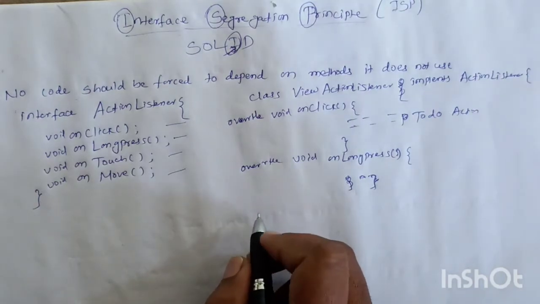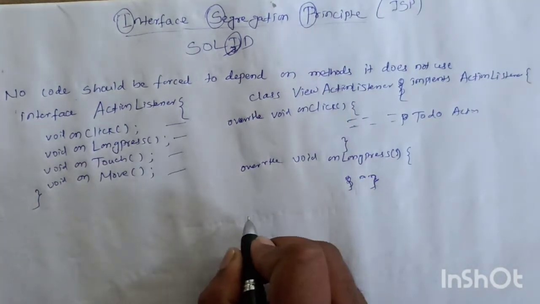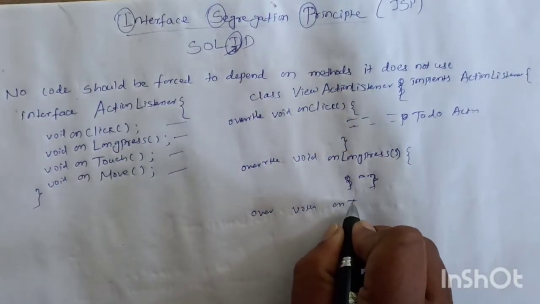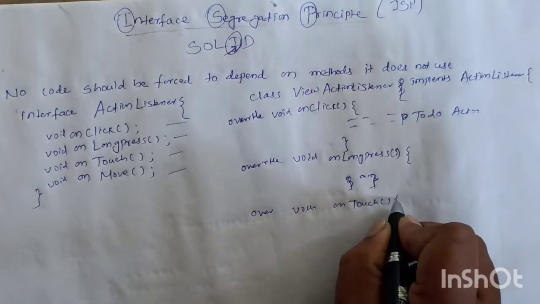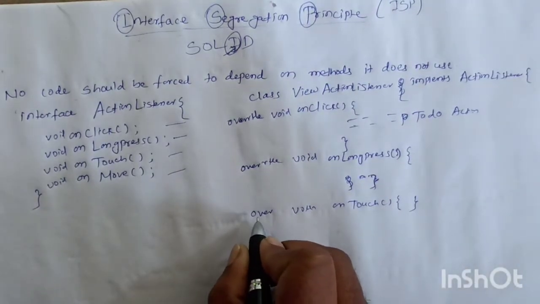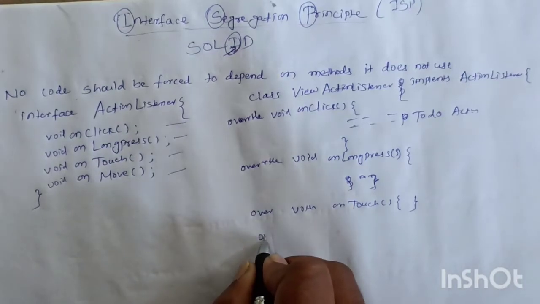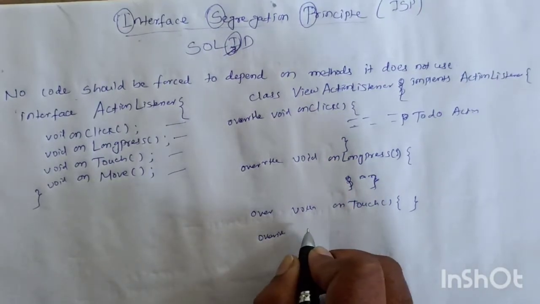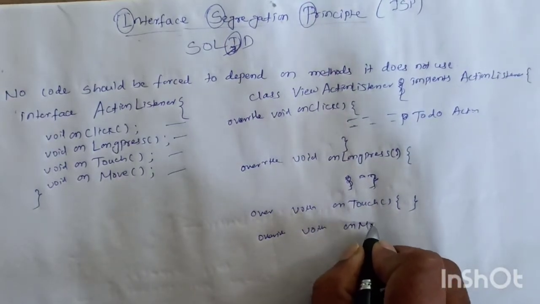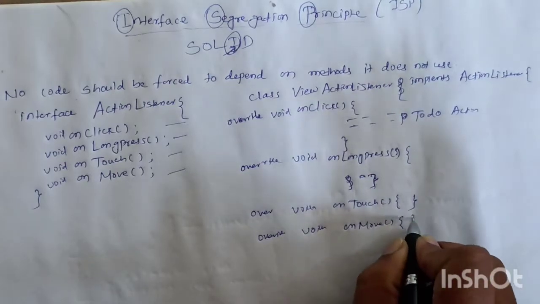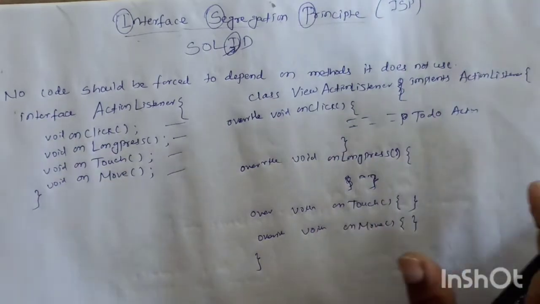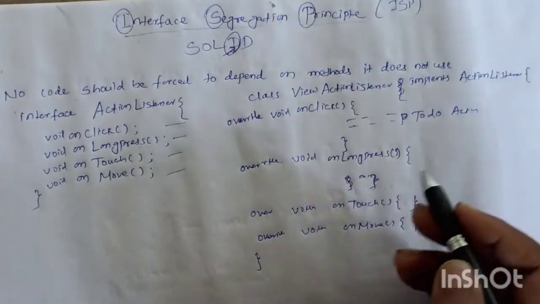Similarly, I need to write the same for the onTouch method, and the same thing for override void onMove. Let's say in our case we don't want any functionality, so we have written empty code.